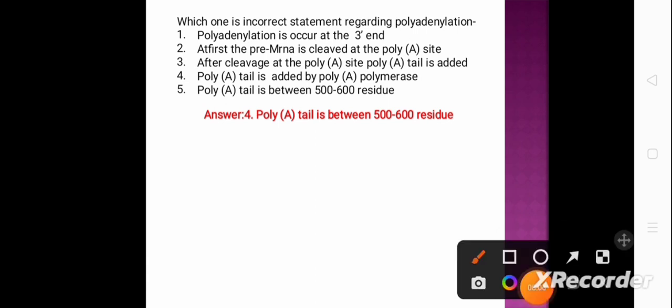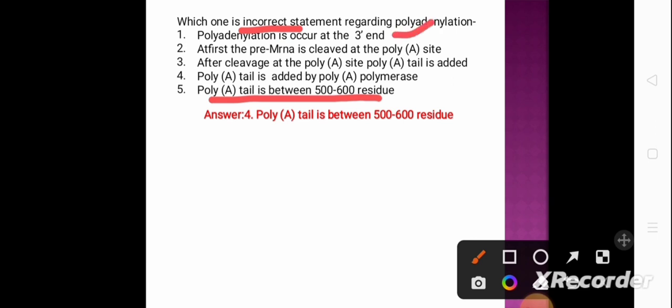Here you have to choose the incorrect statement, and the incorrect statement is that the poly-A tail is between 500 to 600 residues. It is not correct because the poly-A tail is almost 250 nucleotide residues long. Option 1, polyadenylation occurs at the 3' end, is correct.